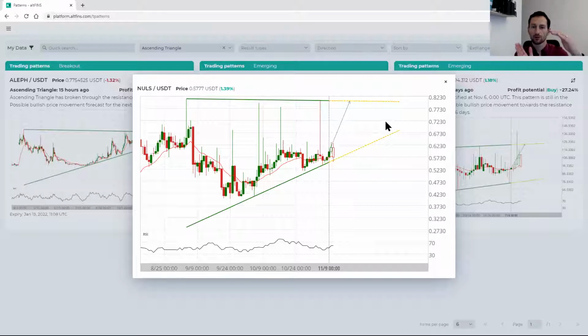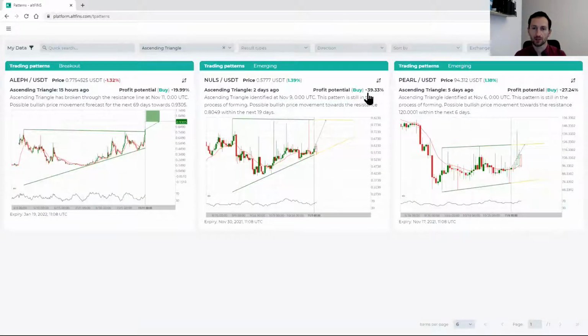And so with emerging ones, what you want to make sure of is that there is enough width to make it worthwhile to trade. If we're in the late stages of that pattern and we're very close to the pinnacle or apex, there may not be enough opportunity to take advantage of.